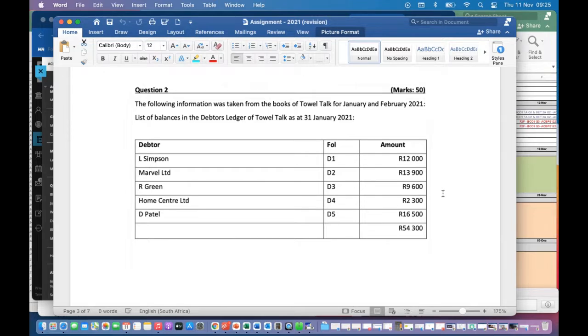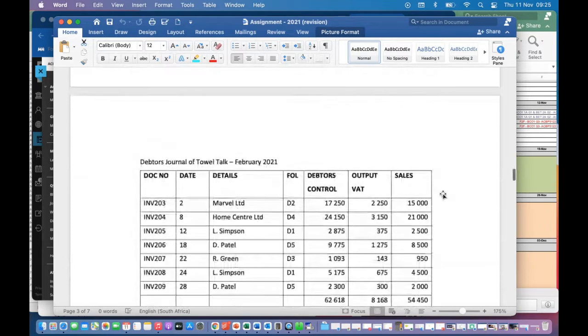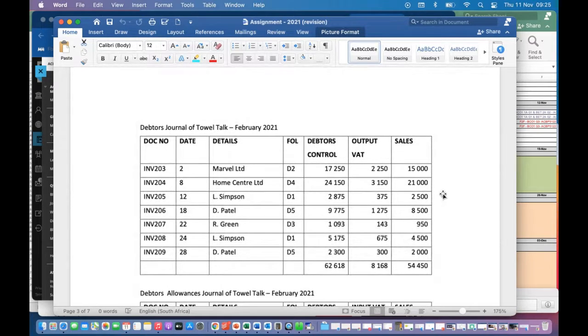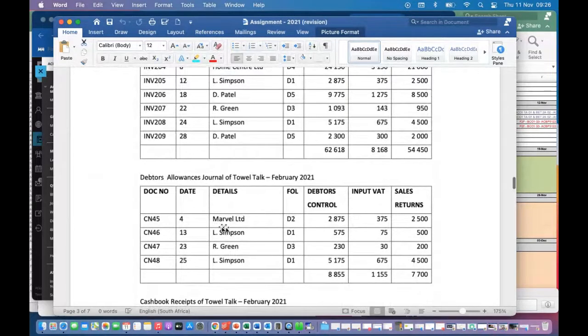Cool. Then we go and we see, did they take out any additional stuff? Here you can see they did from the debtors journal. So we add plus 17,250. Okay. Then we say to ourselves, did we write off anything, or reduce, or did they return anything?